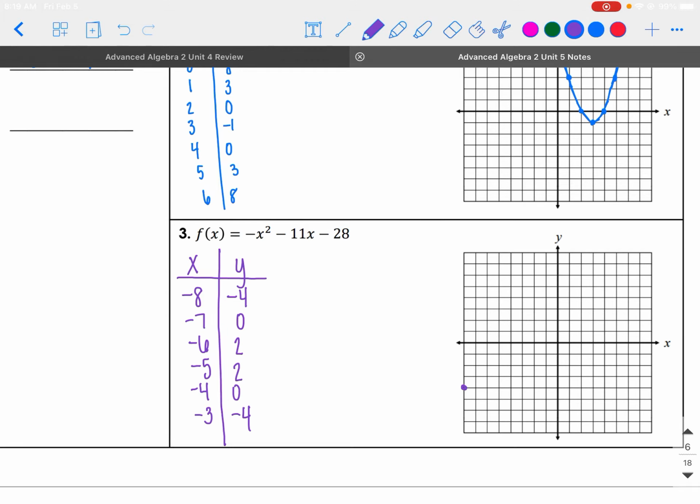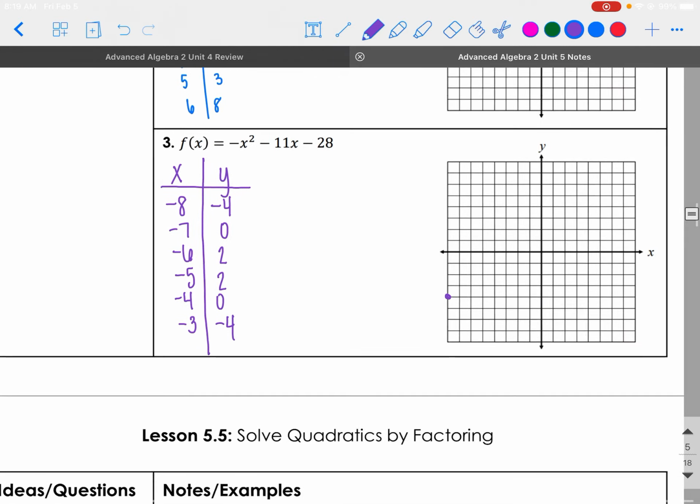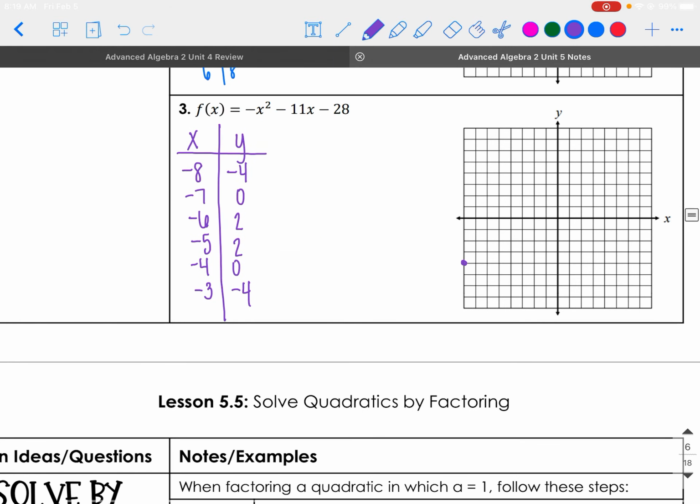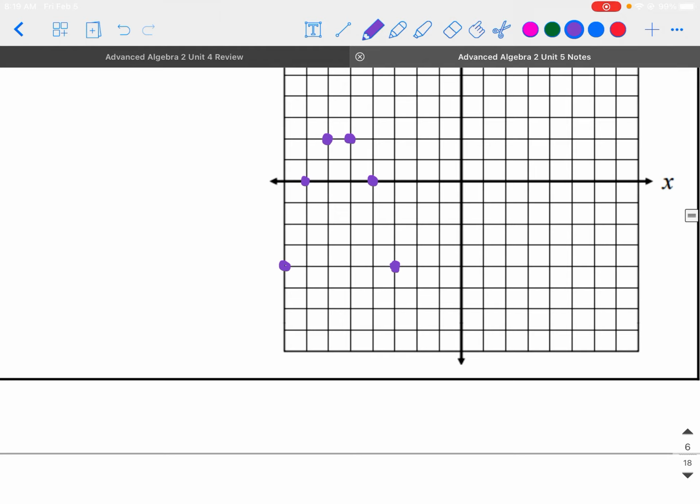So we can go ahead and graph those. You'll notice this one doesn't actually have a point right on the vertex, and it's because the vertex was kind of there at the half.